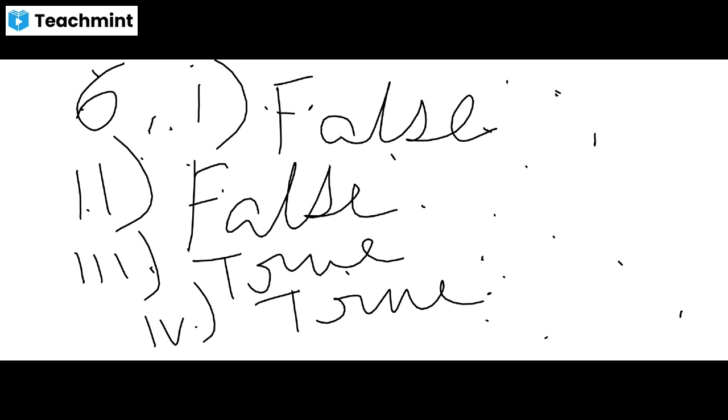Number 5: tooth decay is caused by the presence of a base. It is false, because tooth decay is caused by the presence of an acid. So this is question number 6, and you have to mark the answer in the book.